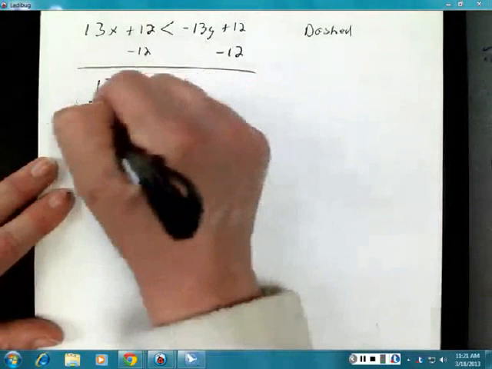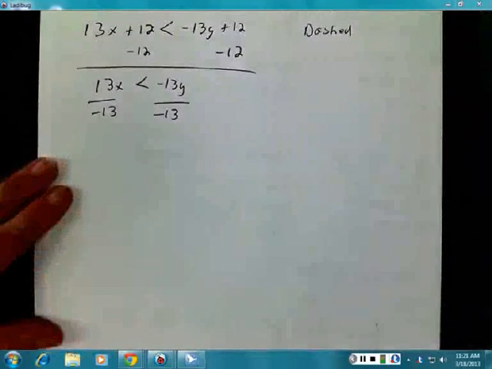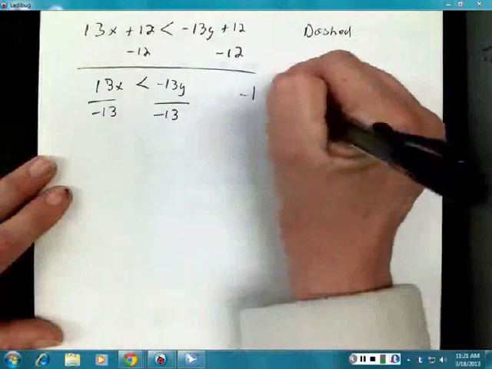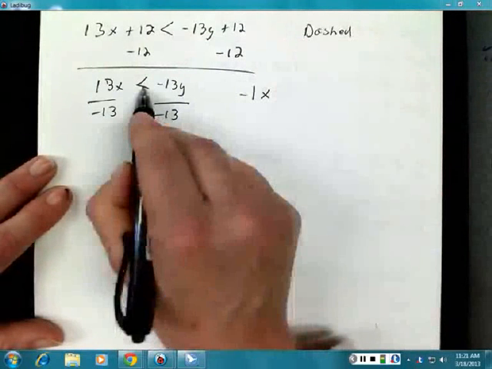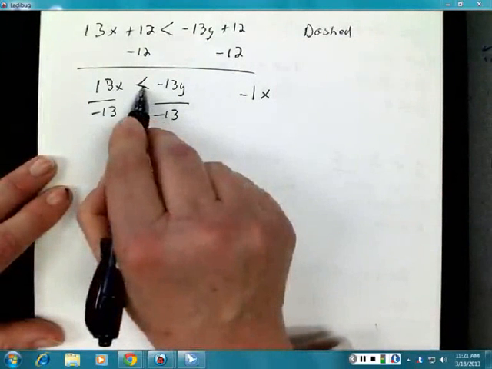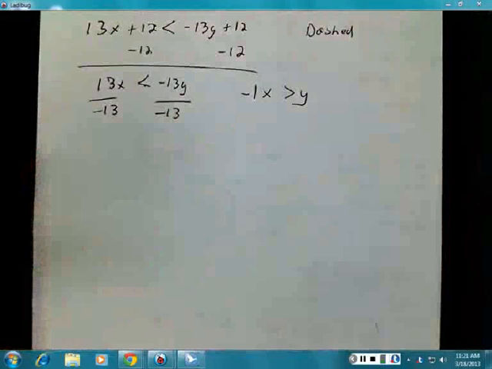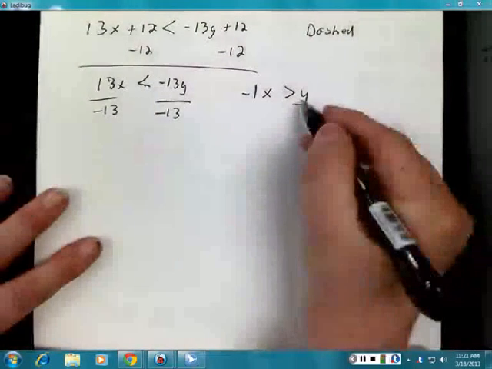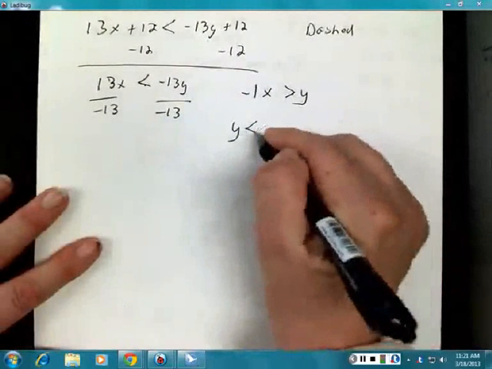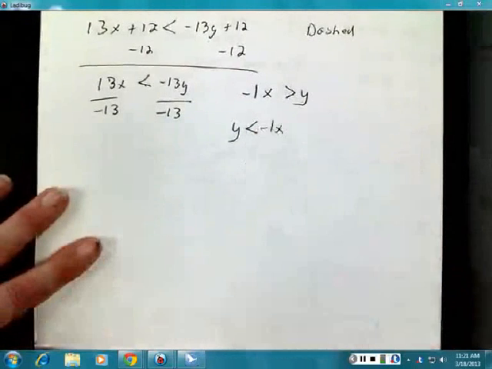Now it's just 13x minus 13x, divide by negative 13. 13 divided by negative 13 is negative 1. But because I divided by a negative, what has to happen to that sign? It's going to be flipped. You flip it back over. Put y, keep your point.